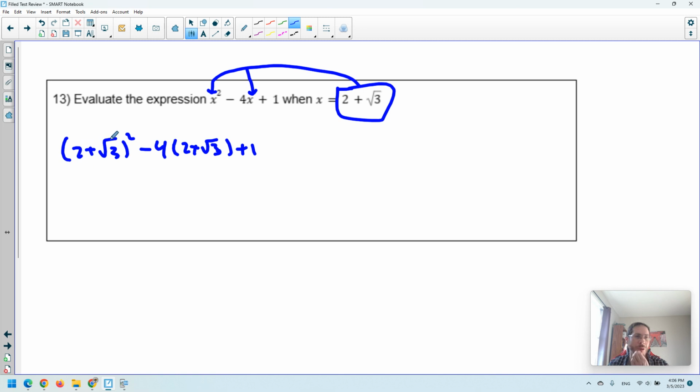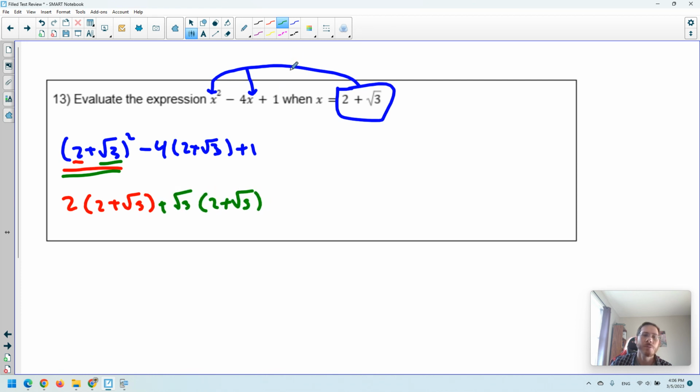All right, well, 2 plus radical 3 squared, if we really wanted to, we could do double distributive property on it. 2 plus radical 3 times 2 plus radical 3 minus 4 times 2 plus radical 3 plus 1. And we could double distribute, so now I'm going to distribute everything.